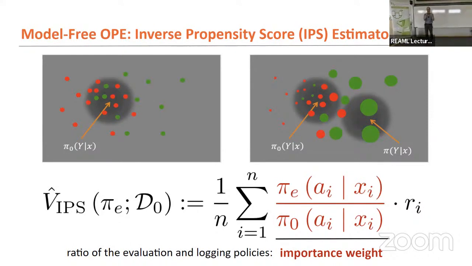That's what inverse propensity score weighting does. It's just the ratio of these probabilities. And there's just a 3-line proof that tells you that under the full support condition, which I'll explain in a second, this is actually unbiased. It gives you in expectation the right value. And you don't have to make any extrapolation. You don't have to predict. You don't have to impute.